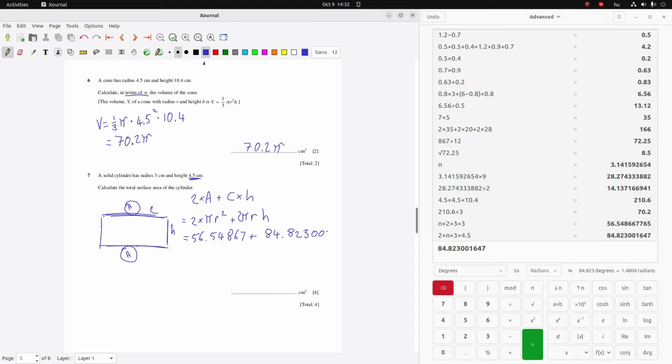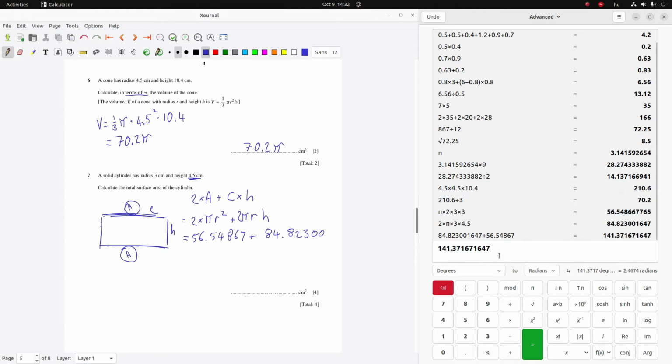Okay, let's add the two numbers together. That equals 141.37167.